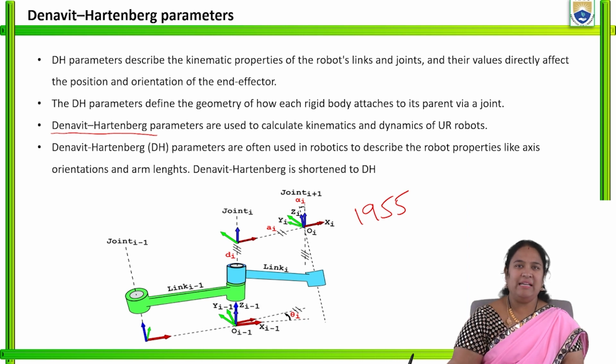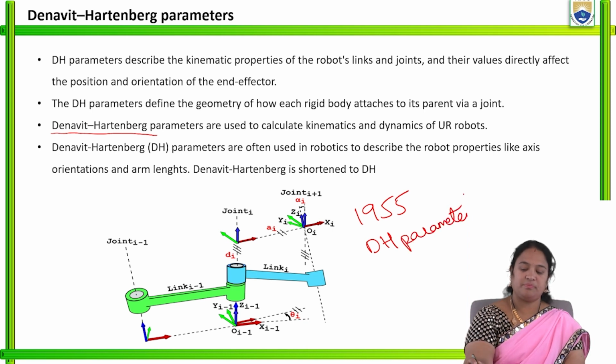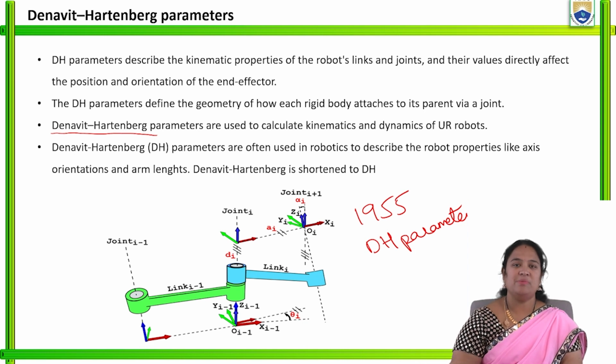Based upon the different links, the different joints, and the end effector position, they determined the matrix to find the position and orientation of the robot's manipulator. So, based on their names, Denavit and Hartenberg, this particular parameter was called DH parameter.